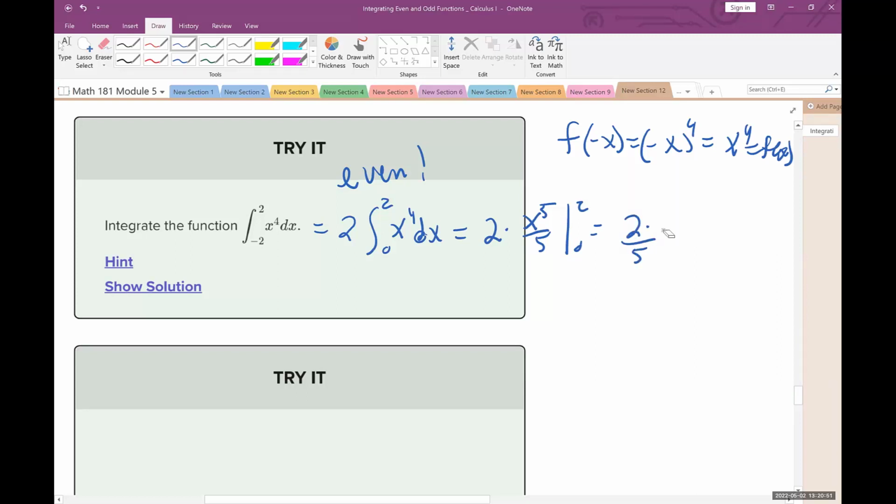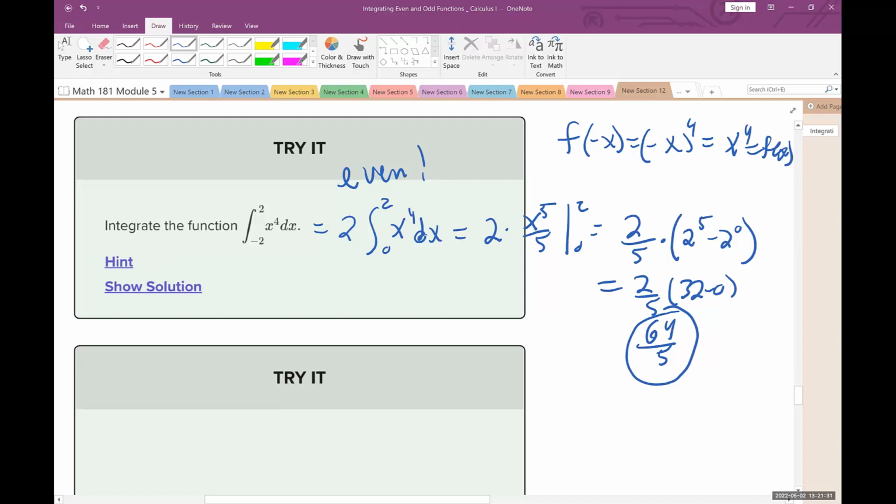I'm going to call it 2/5 times, and we have 2 to the 5th minus 2 to the 0. What's 2 to the 5th? 32 is correct. 32 minus 0, so I get 64 over 5.